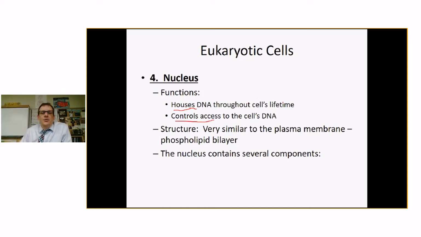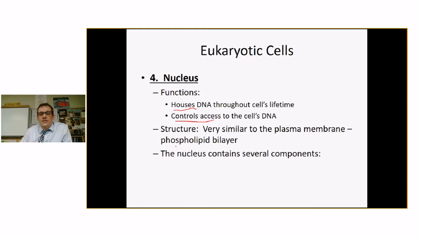And then it also controls access. So we'll talk about how there are things that go inside of the nucleus and outside of the nucleus, and there has to be a passageway back and forth. Very much like the cell membrane regulates what gets access to the cell, the nucleus regulates what gets access to the DNA, and it's going to pick and choose what can get inside and what can go out.